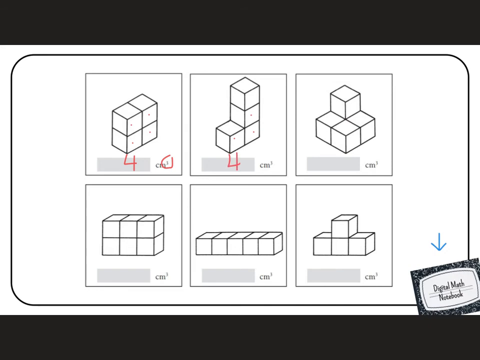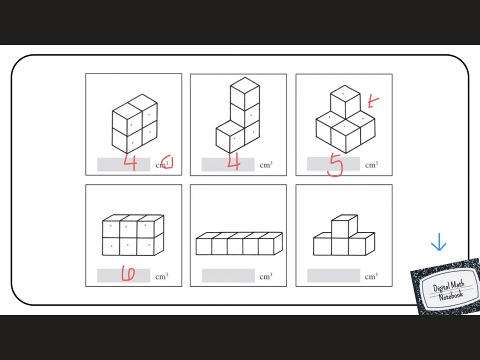In my third shape, you can see that I have 1, 2, 3. This one's kind of tricky because this one's floating on top. But if it's floating on top, there has to be one underneath here. So this would be 3 plus 1 in the back is 4 plus the 1 on top is 5. On my fourth shape, I have 1, 2, 3, 4, 5, 6.